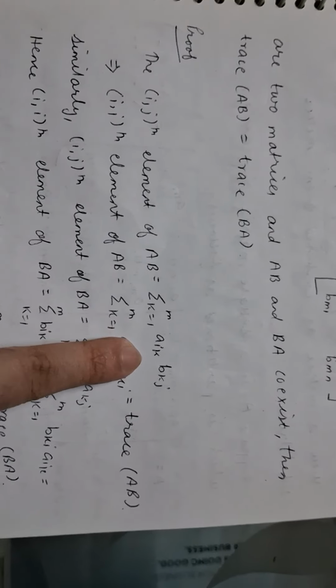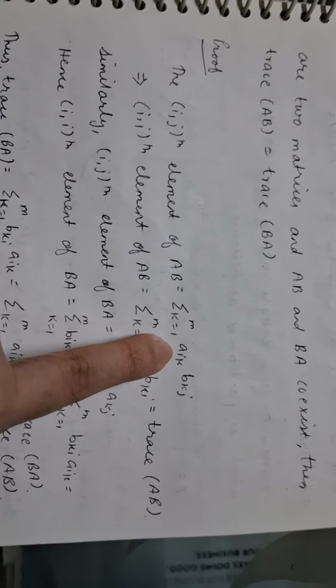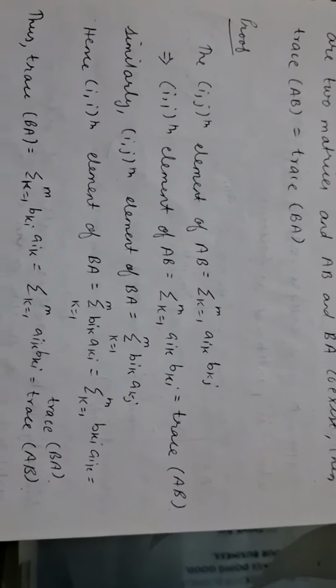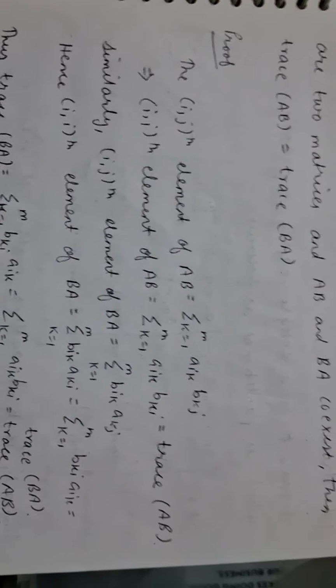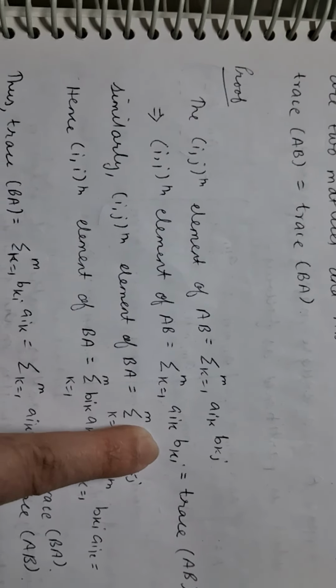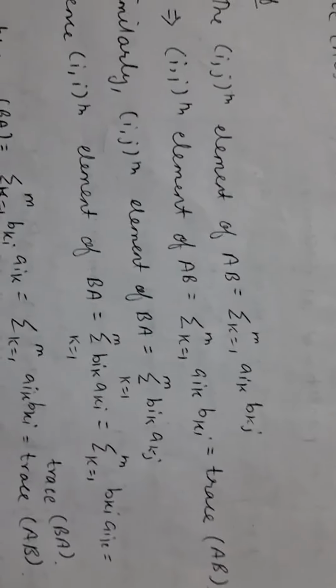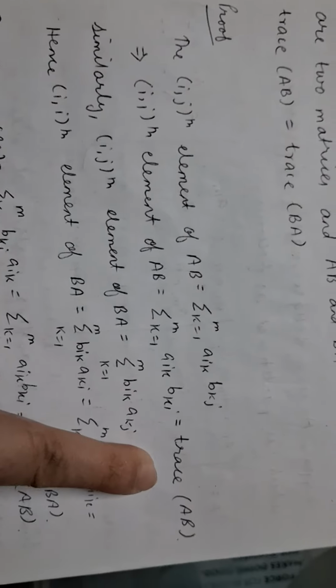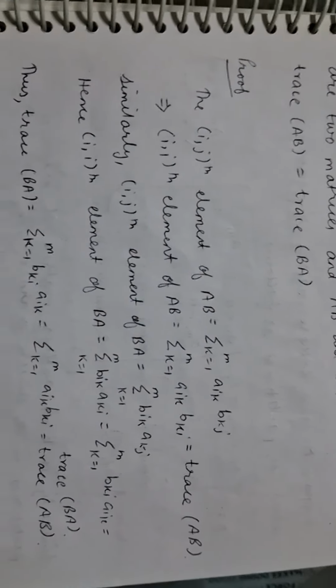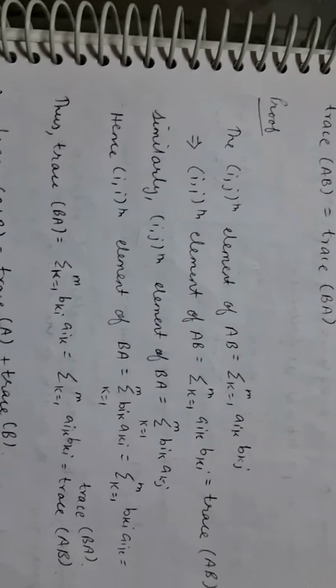When this k remains constant, that is we consider this ith row and this jth column, the ith element, that is the diagonal element, will be, in place of j over here we will substitute i, and otherwise this kth element will remain the same. So summation of these equals the trace.